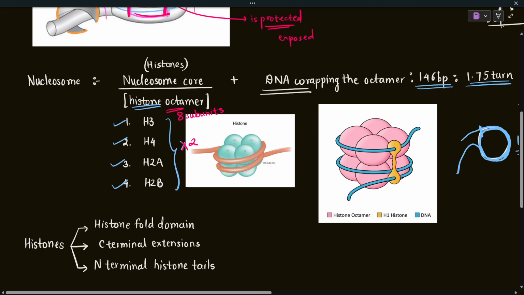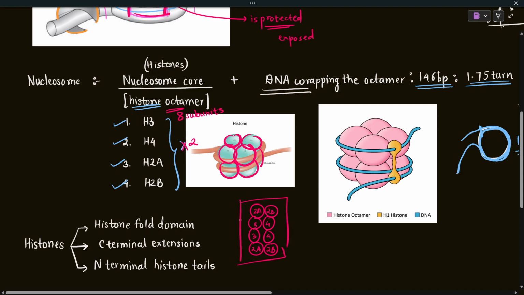So this is H3, this is H4, this is again H3, this is H4. This is H2A, H2B, and behind it is again H2A and H2B. This makes the histone octamer.